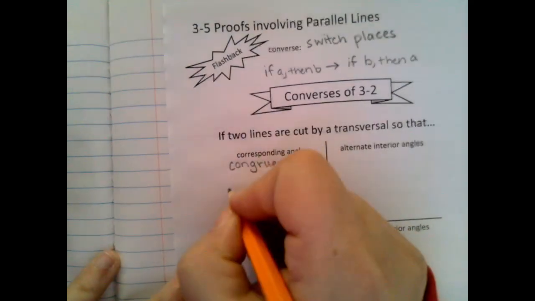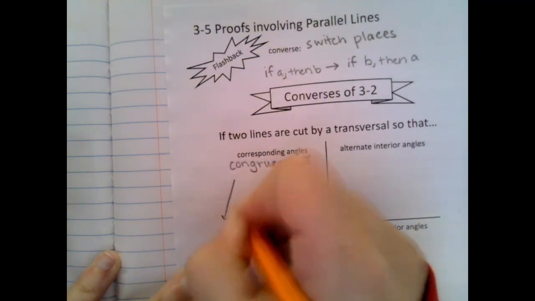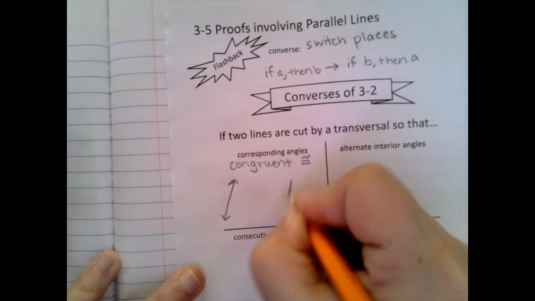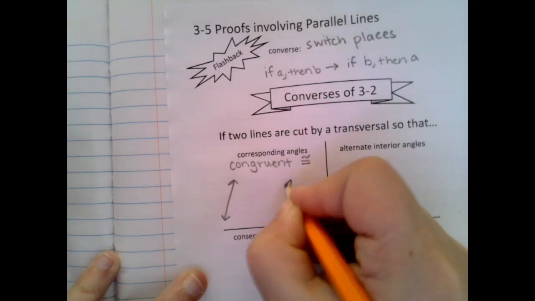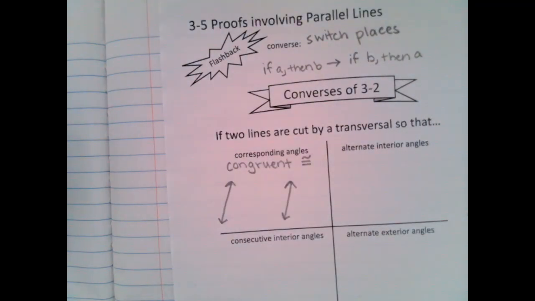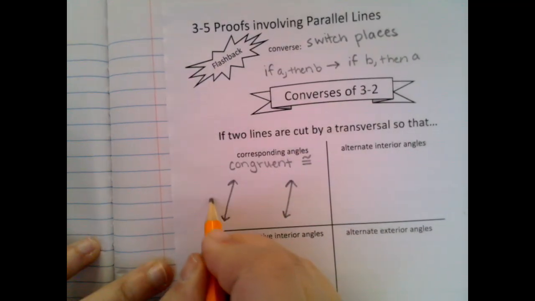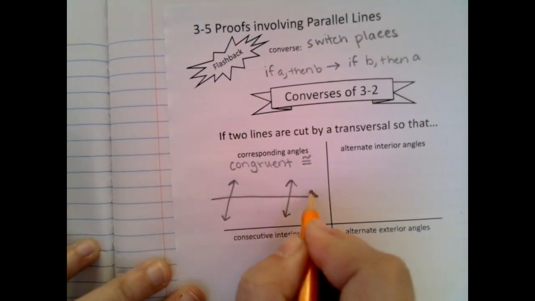Okay, so I have two lines here. I don't know that they're parallel. They look parallel, but we're not for sure that they're parallel. We don't have the marking saying, yep, they are parallel. But what I do know is that corresponding angles are congruent.